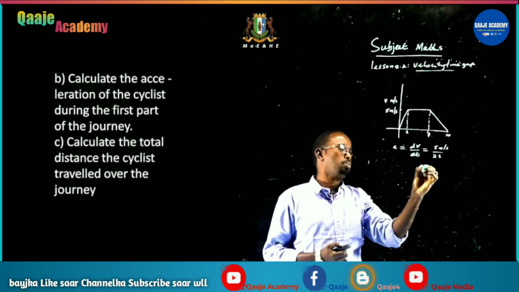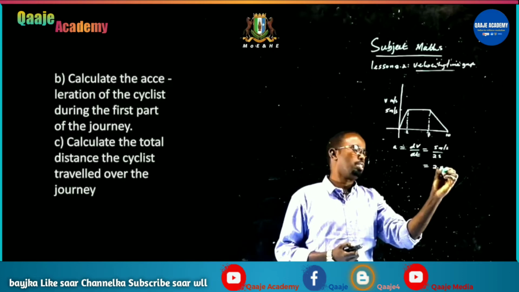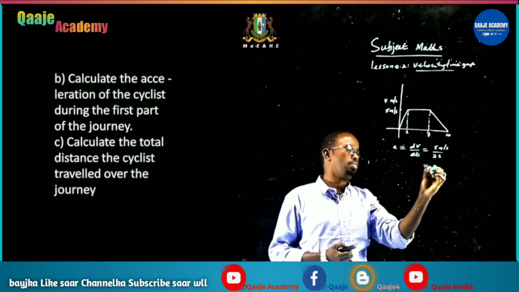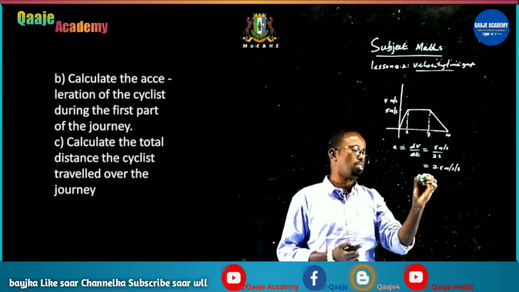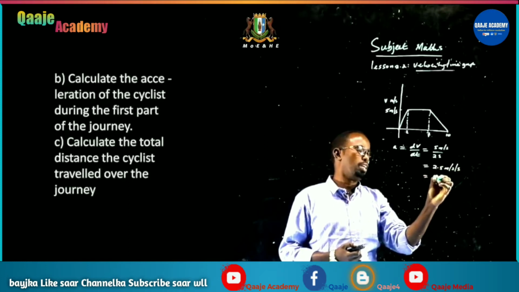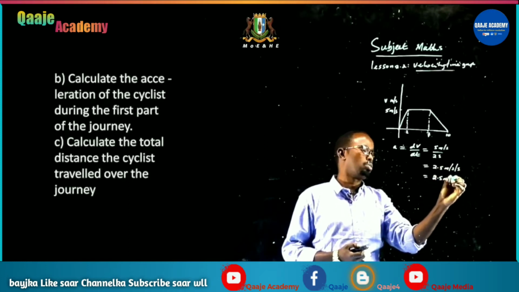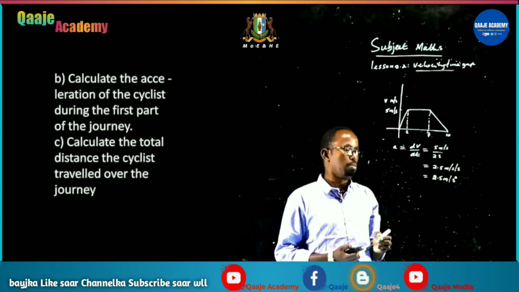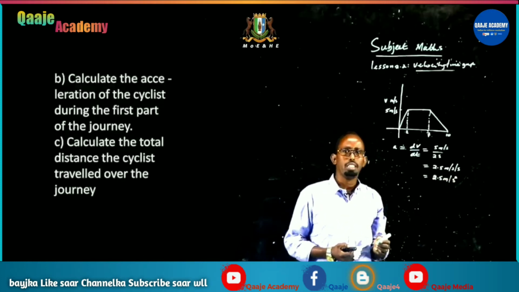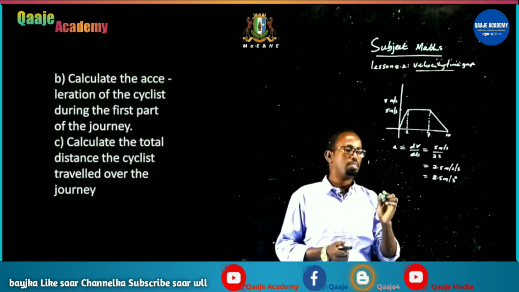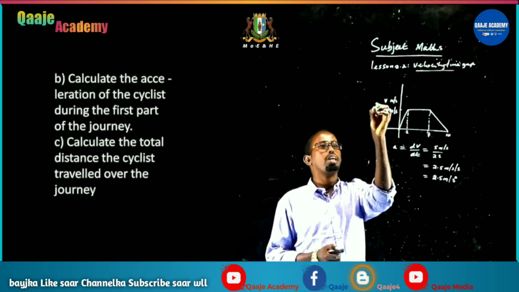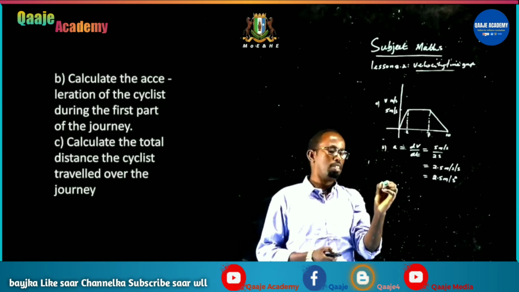So the answer will be 2.5 meters per second per second, or you can call it 2.5 meters per second squared.